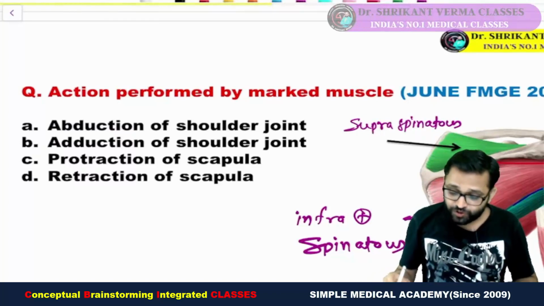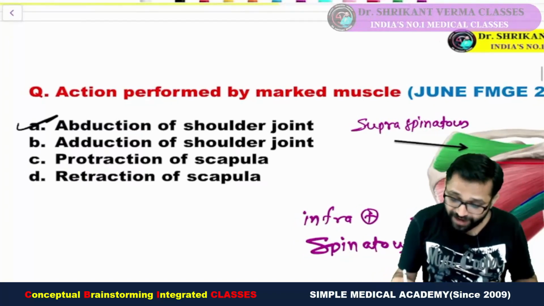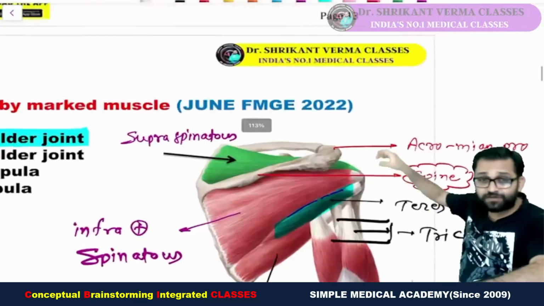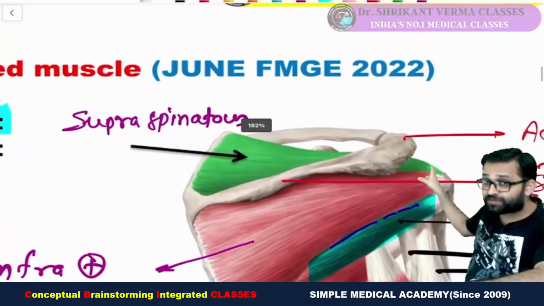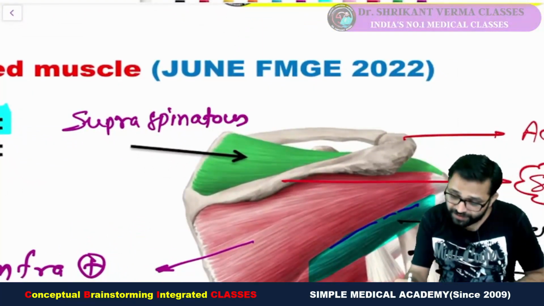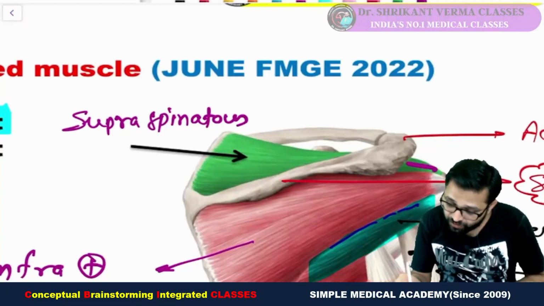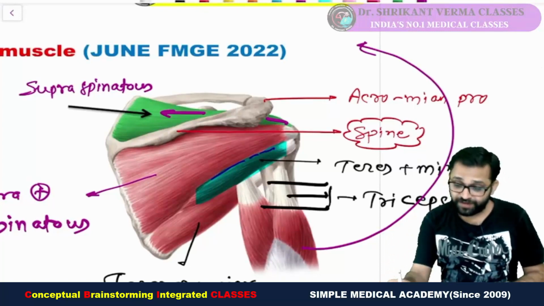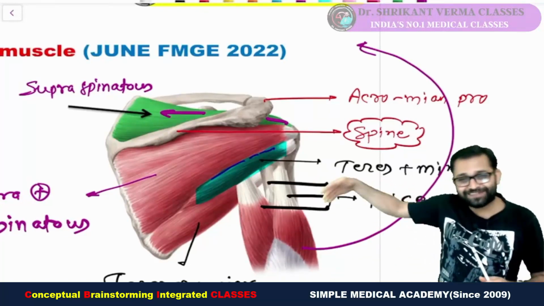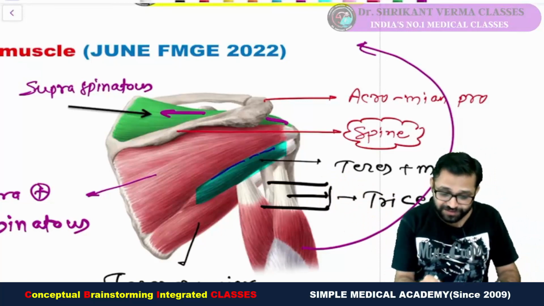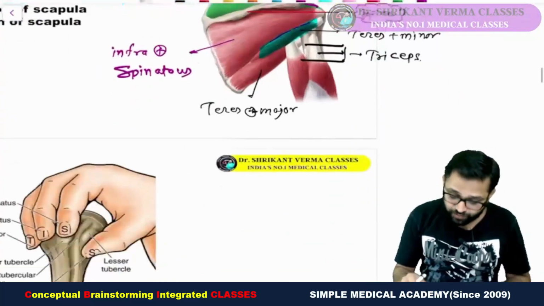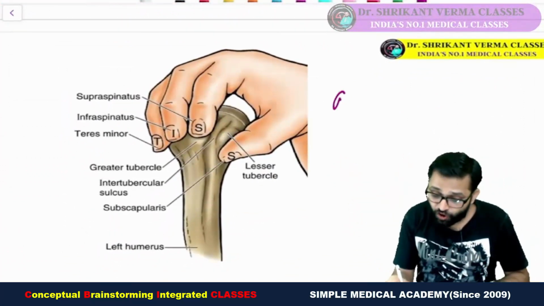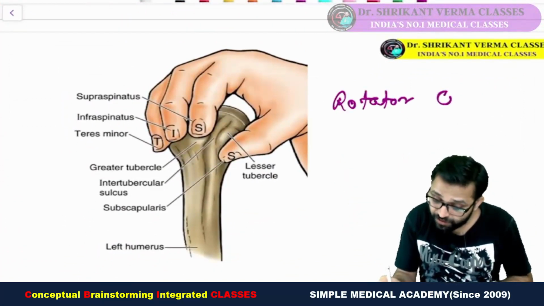So supraspinatus is responsible for abduction. Apply the logic. Even if you don't know, if you use common sense you can tell. When this muscle contracts, our humerus will be pulled in this way, and the movement away from the midline is abduction. So this is our question pattern. Now try to understand. At the time of class in my PPT I showed this image. This is the image of our rotator cuff.